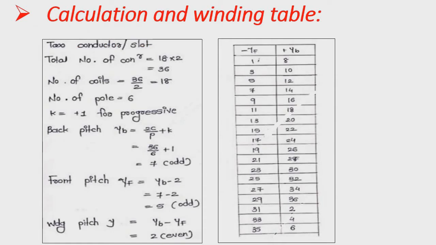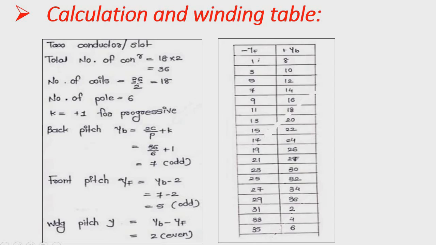So now, first of all, calculations for the above given problem and winding table. Our main given data is that there are 2 conductors per slot.